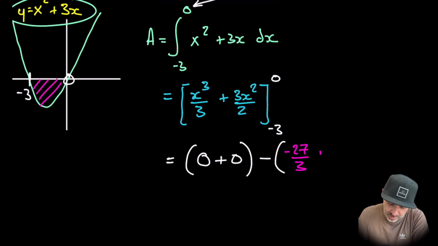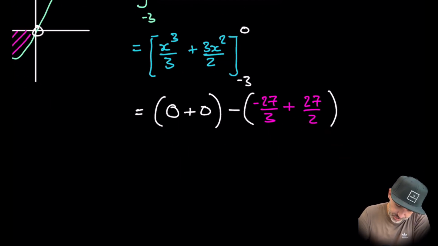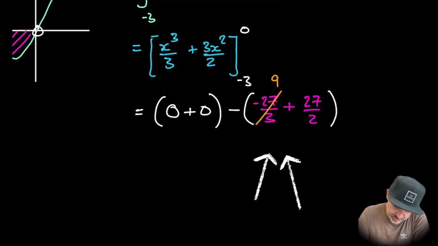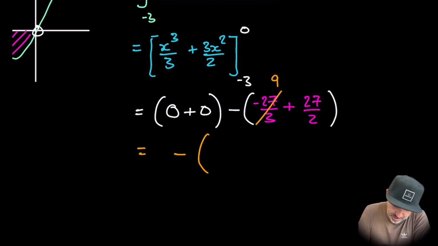And then we have plus. Now, -3 squared is 9, times 3 is 27 over 2. Right, so let's just sort this fraction out. 27 divided by 3 is just 9. So let's write down what we've got: minus, and then we've got -9 in here, plus 27 over 2.